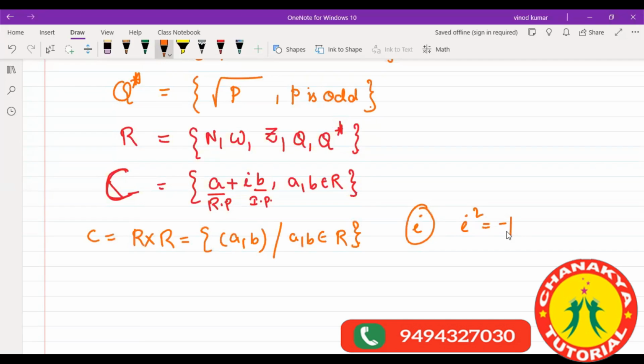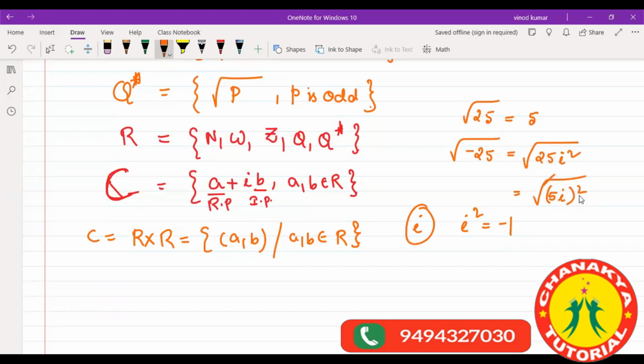Symbolically we write i square. When we have the square root of negative values, at that time we use i. Suppose root 25 is nothing but 5. But what about the root of -25? This is the root of 25 into i square, so the square root of (5i) whole square.